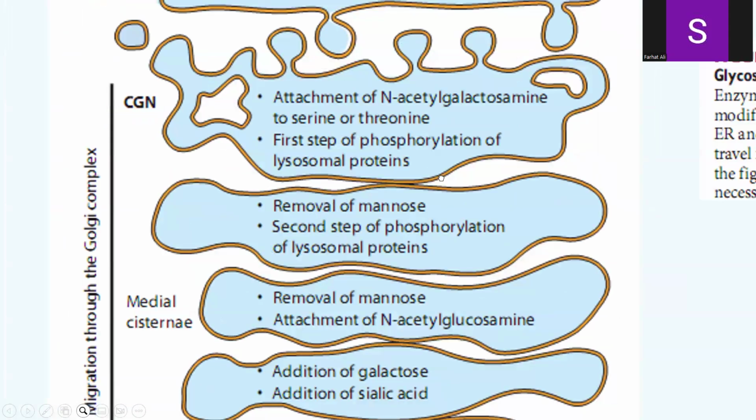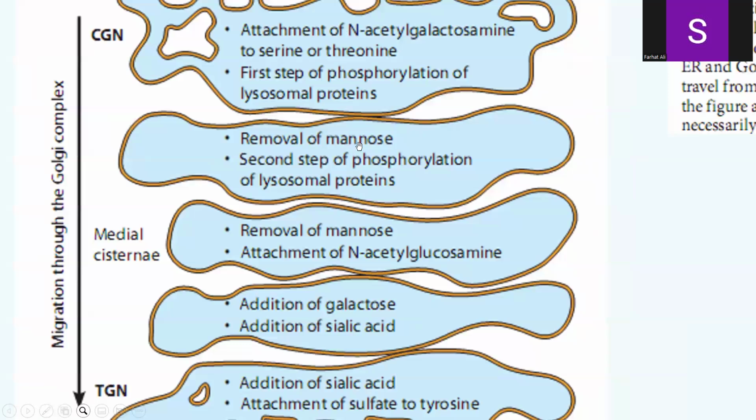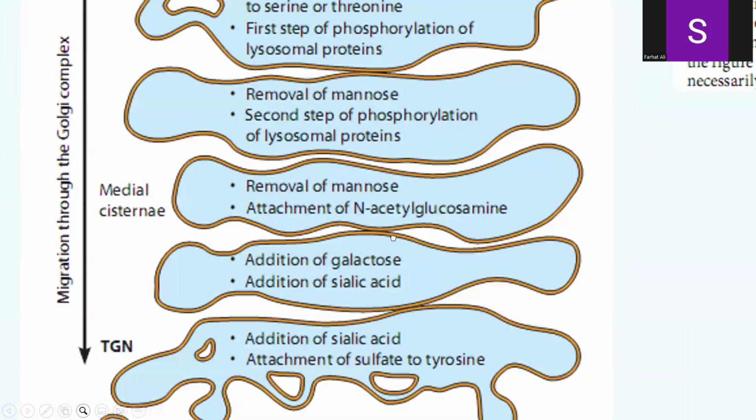So different types of carbohydrates are attached, for example, O-linked and N-linked glycosylation. O-linked glycosylation continues here, for example, attachment of N-acetylgalactosamine, which is an amino sugar that is attached here. Then mannose is removed, and phosphorylation of the proteins is done.